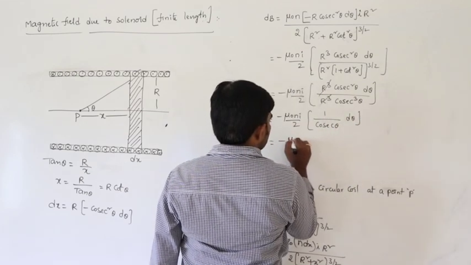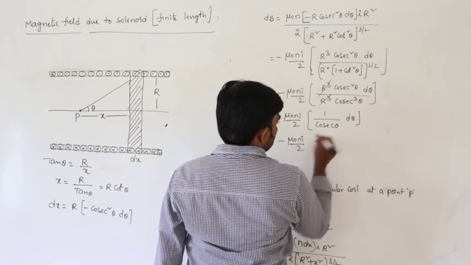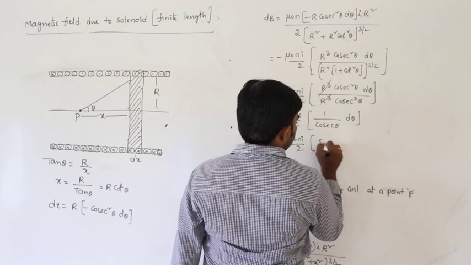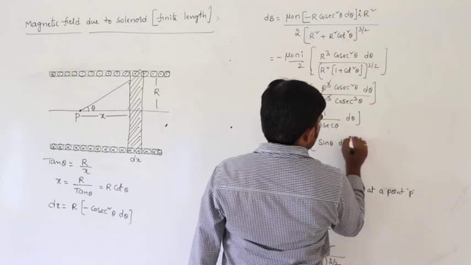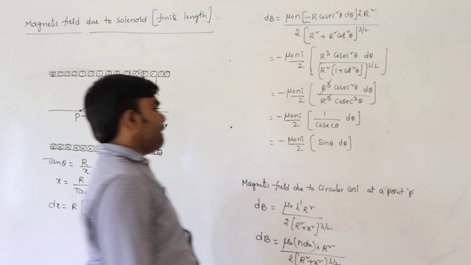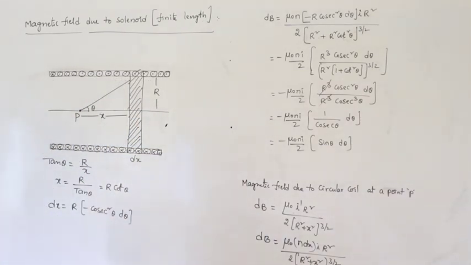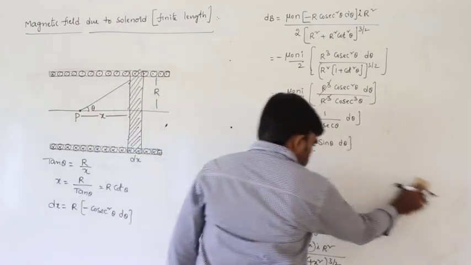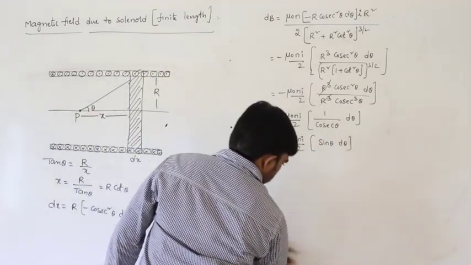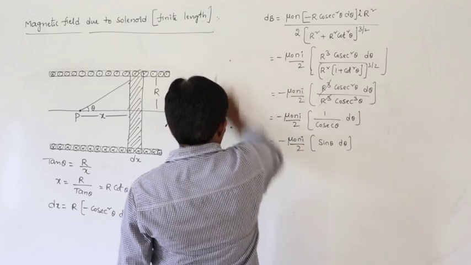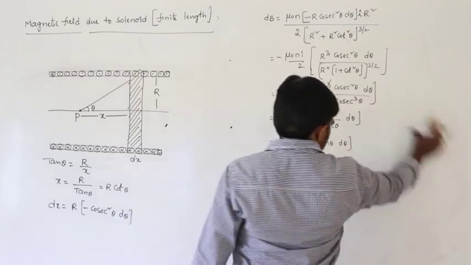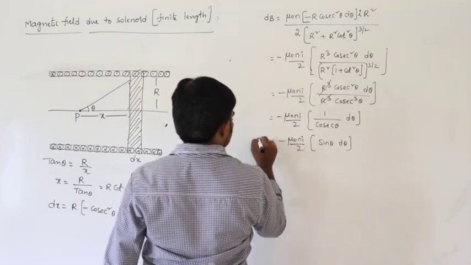So that equals mu naught Ni by 2 into sin theta d theta. This is the final dB we have.